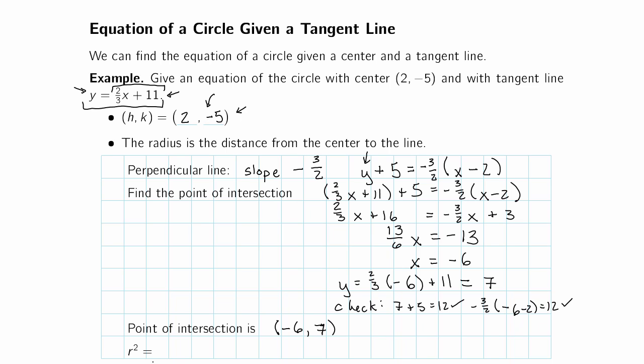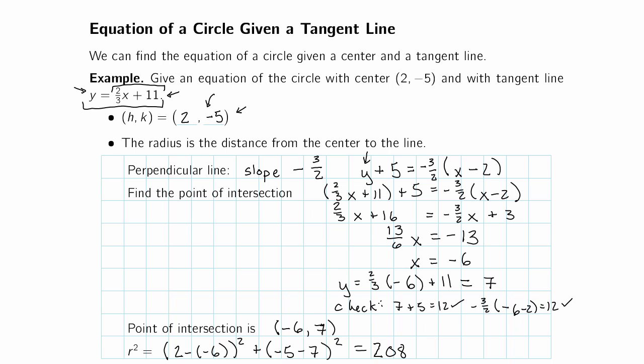Our radius squared, we're just going to write down the radius squared, we won't bother with the square root. Well, it's the difference in the x's squared plus the difference in the y's squared, which gives us 208.